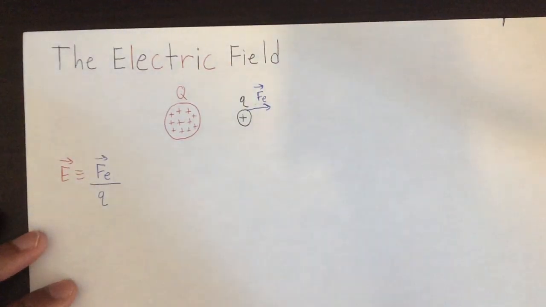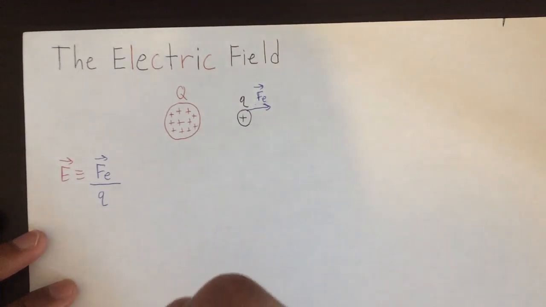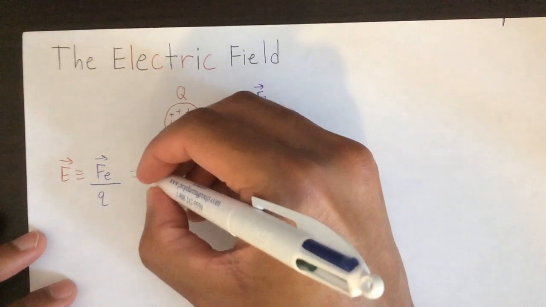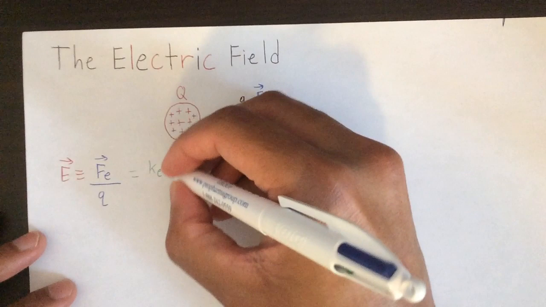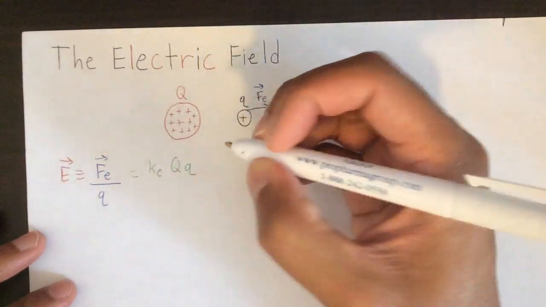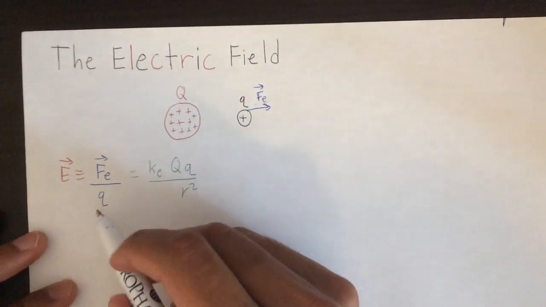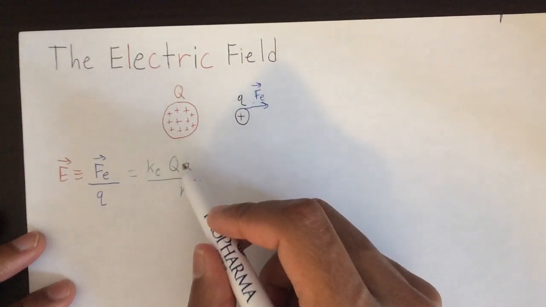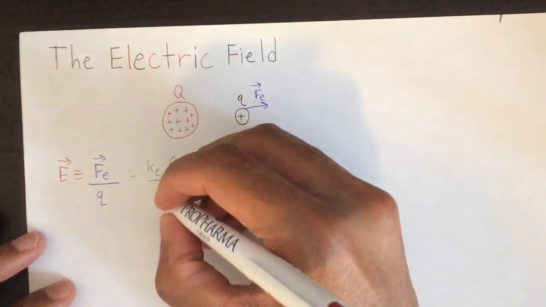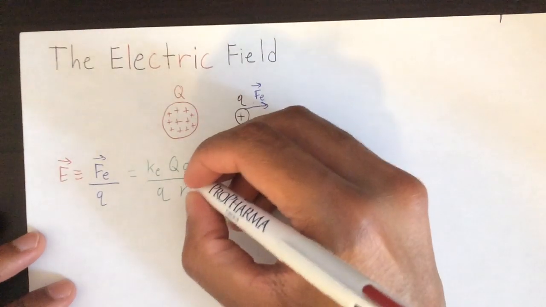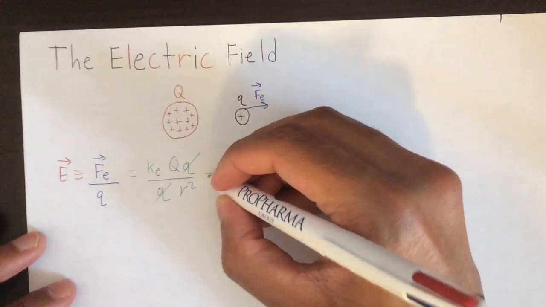So if we look at Coulomb's law like we did in the previous videos, we know that Fe is equal to Ke big Q times little q divided by r squared. And that's what Fe equals. We divide by Q over here, so the q's cancel out.